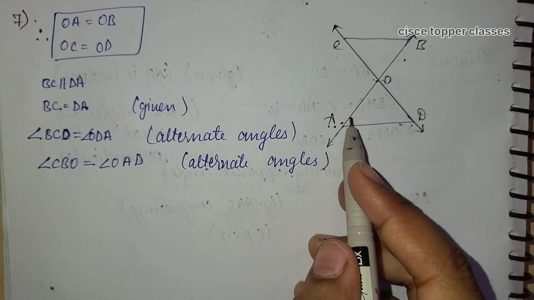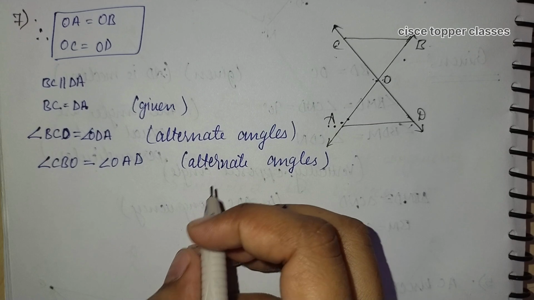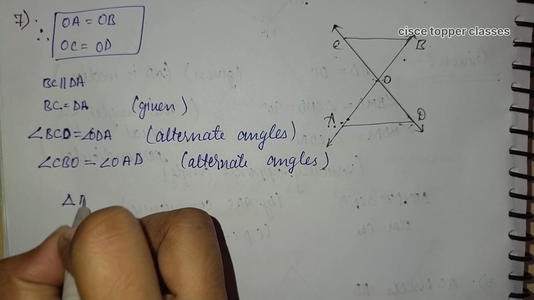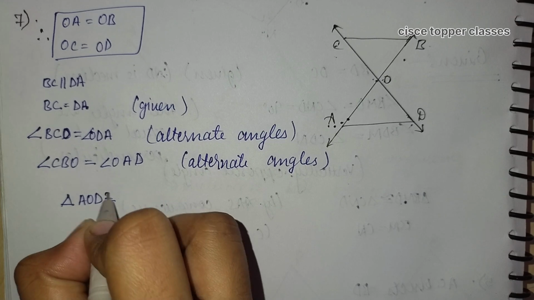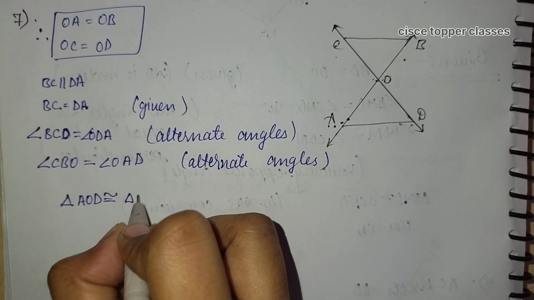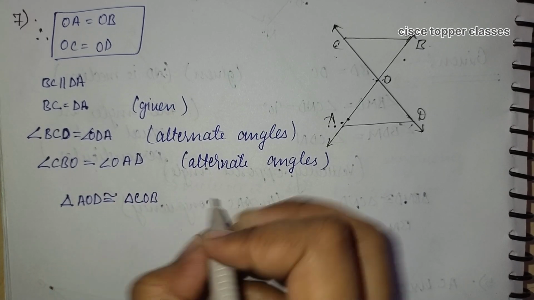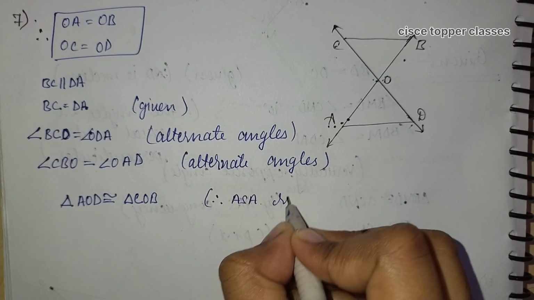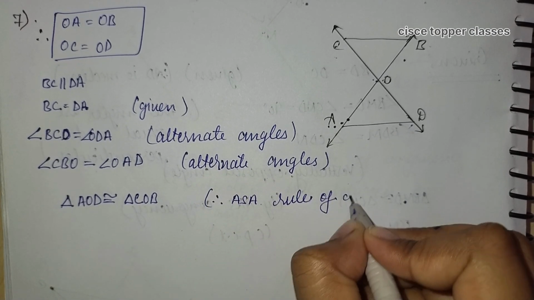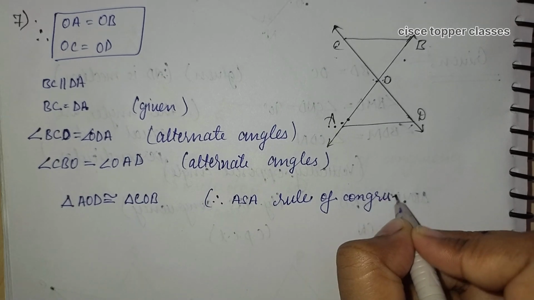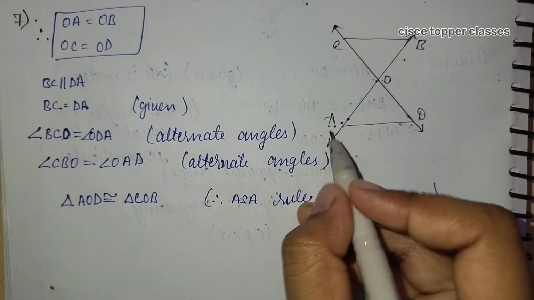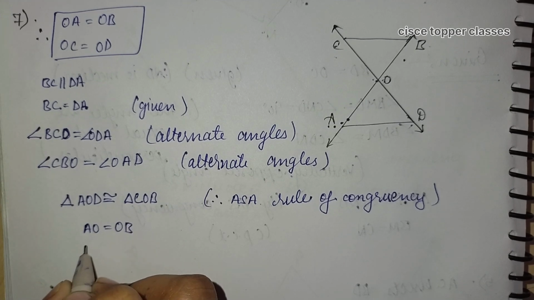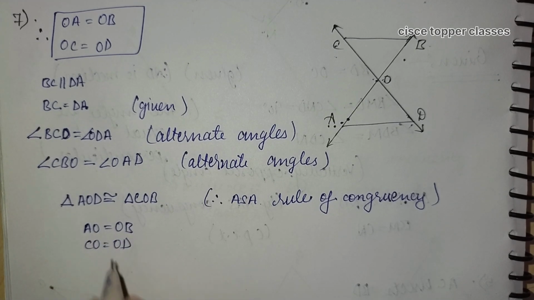So from this we have angle side angle congruency. So triangle AOD is congruent to triangle COB, which is from the angle side angle rule of congruency. From there we can prove that AO is equal to OB and CO is equal to OD.